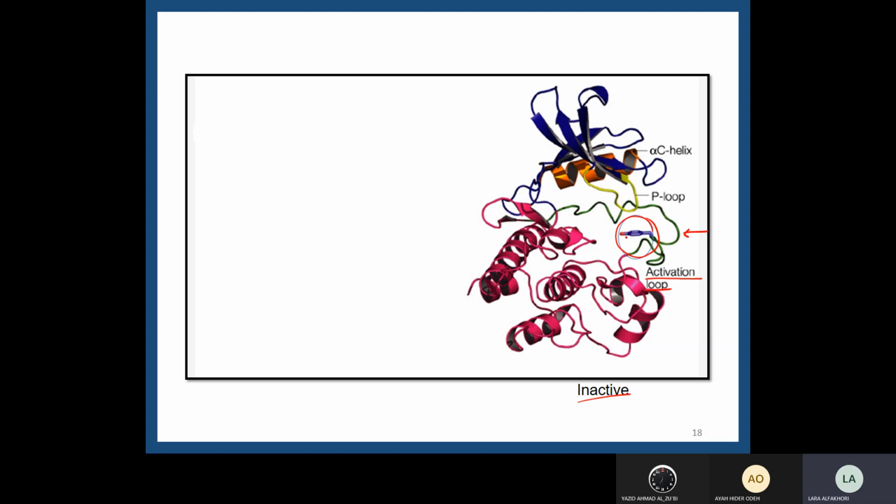The one shown in here is what? Tyrosine. Okay? هلا لاحظوا كيف أنا عندي طبعاً for sure this is the N loop, that's the C loop, this is the C helix, that's the binding site of where the ATP will bind in, that's the glycine rich loop. هلا لاحظوا كيف بيكون عندي part of the activation loop وكأنه مسكر هال ATP binding site.